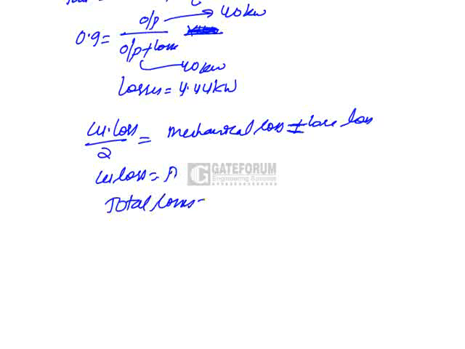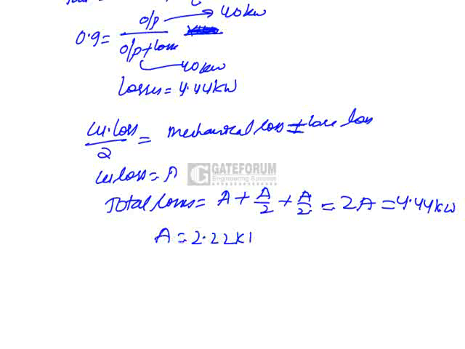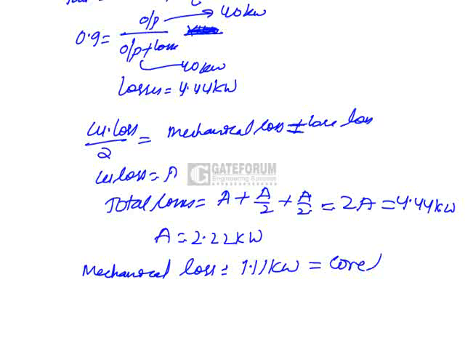Since we have to neglect stator copper loss, total losses is A plus A by 2 plus A by 2, which is 2 times A, equal to 4.44 kilowatt. So A is equal to 2.22 kilowatt. So mechanical loss is 1.11 kilowatt, which is equal to core loss.